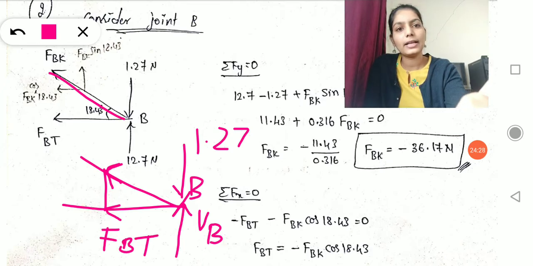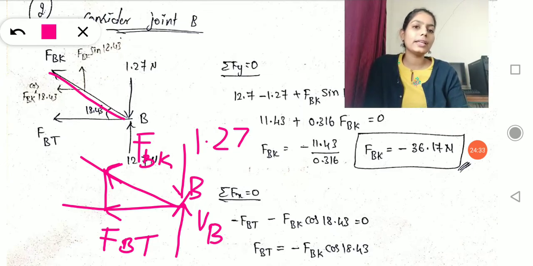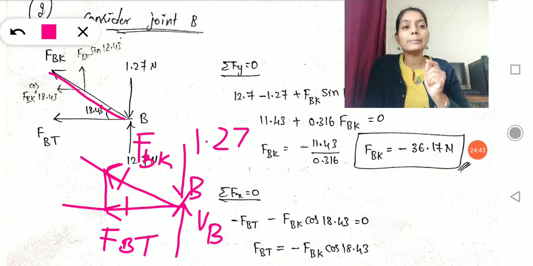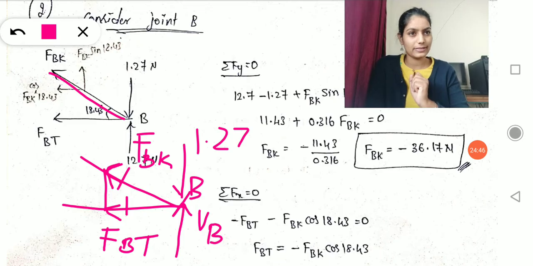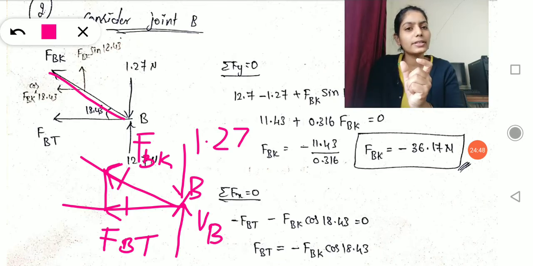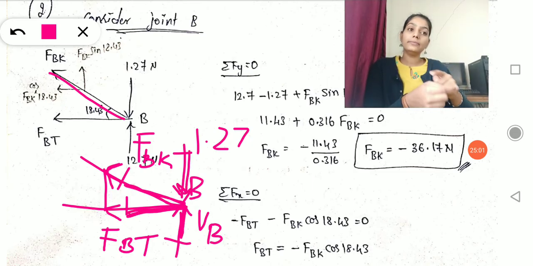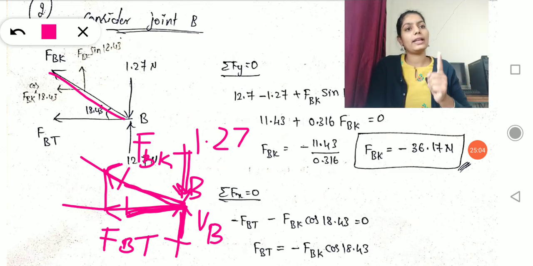If I take FBT and FBK in the joint analysis, how did I do that? I have cut this member at a certain distance, at a very small distance, and I have taken that in the analysis: this much part of FBK, this much part of FBT, the vertically upward force, and the vertically downward force. That's how I have made my joint arrangement for analysis.